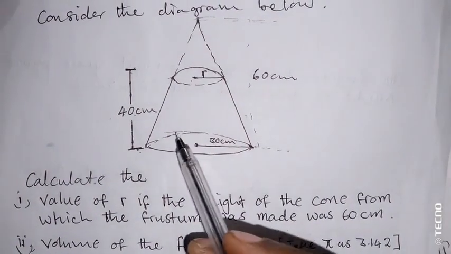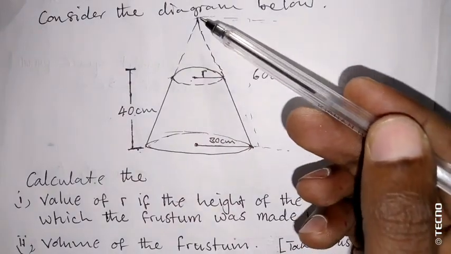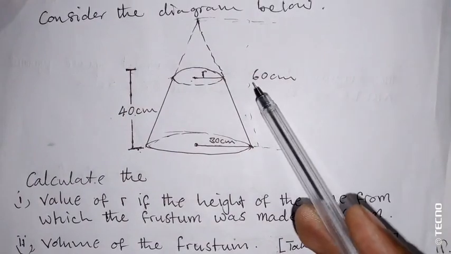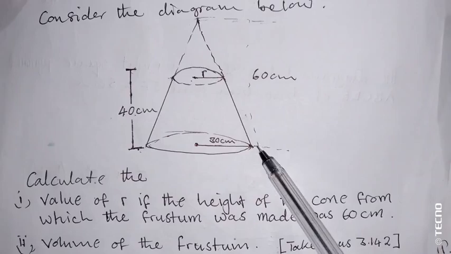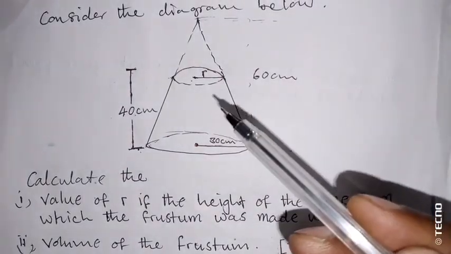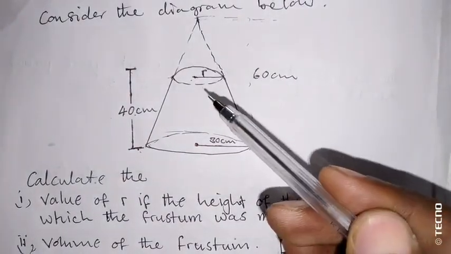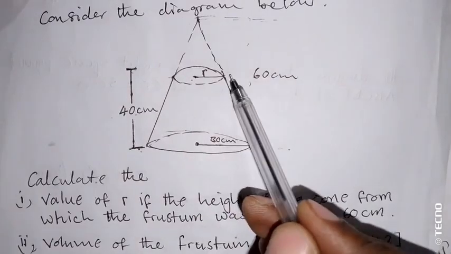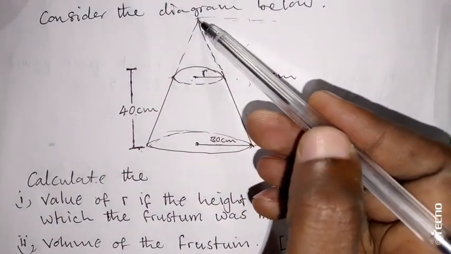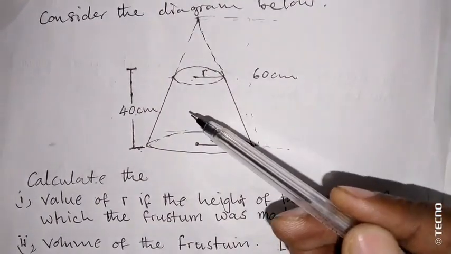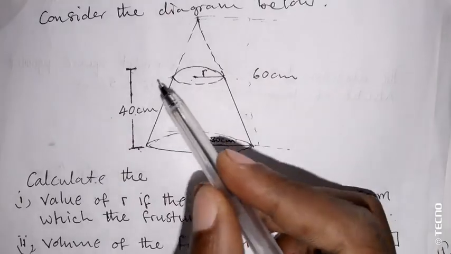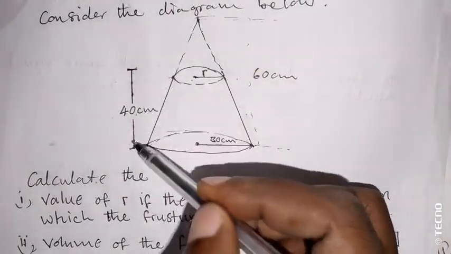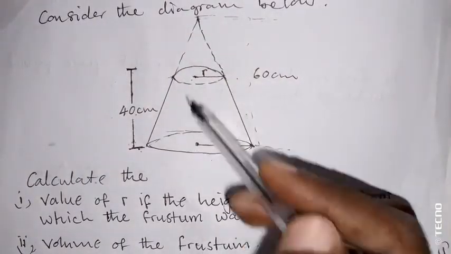We have been given the height of the cone from here to there, which is 60 centimeter. Now the height of the top cone, which is cut to make the frustum, we need to find it. How are we going to find it? We subtract 40, the height of the frustum, from the height of the cone.